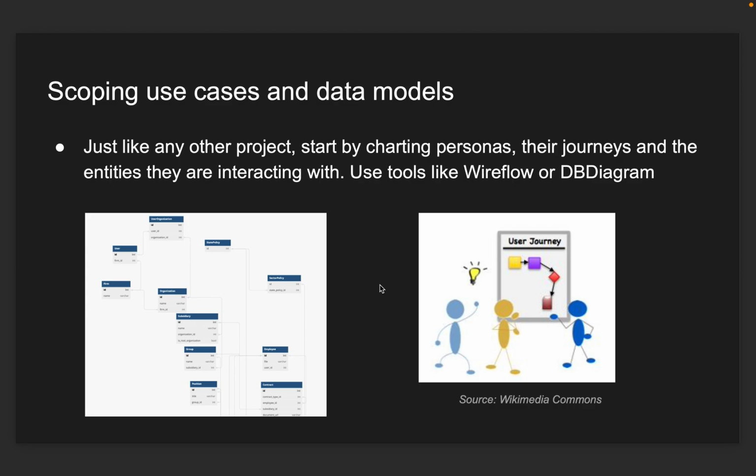I just need to emphasize that in a large or medium digital transformation project, this must be the first step. We cannot just start coding based on mere specs or specs written in a Word document. As architects, as developers, we need to understand how the system will behave. So this is the number one step.